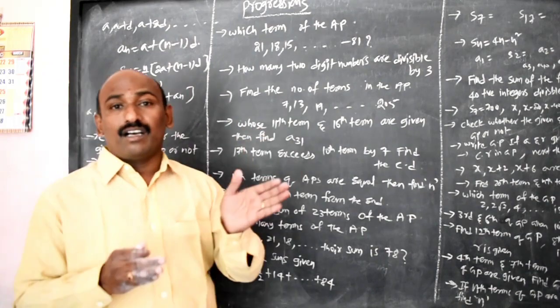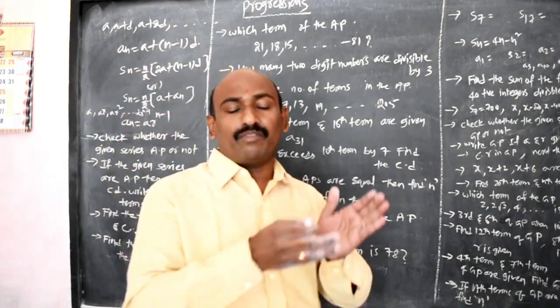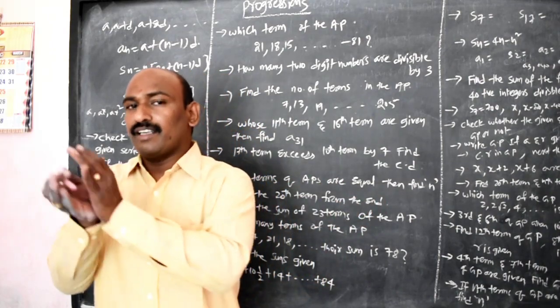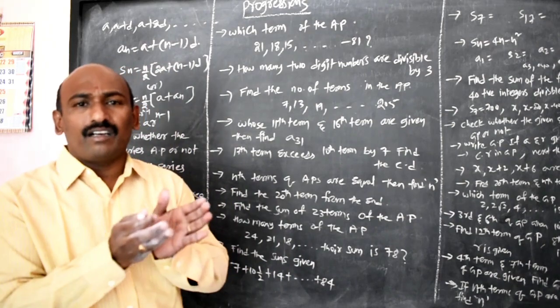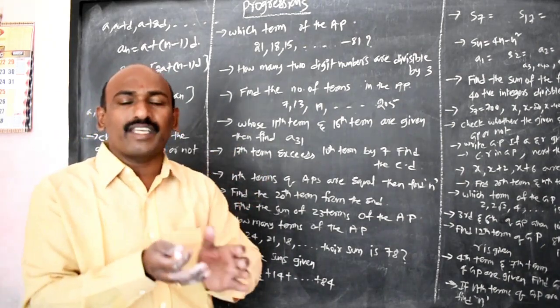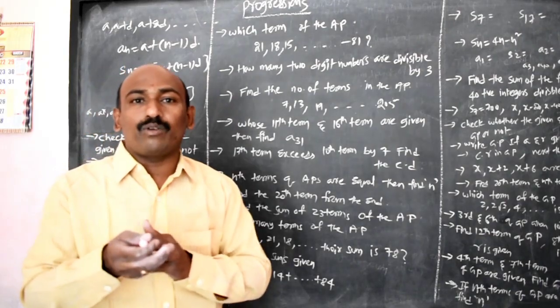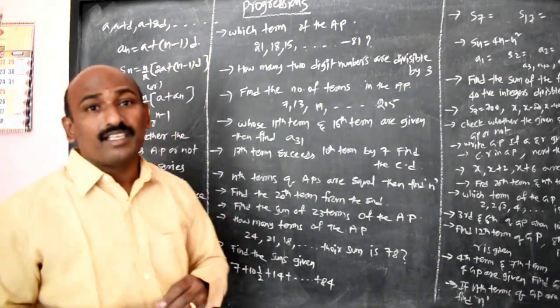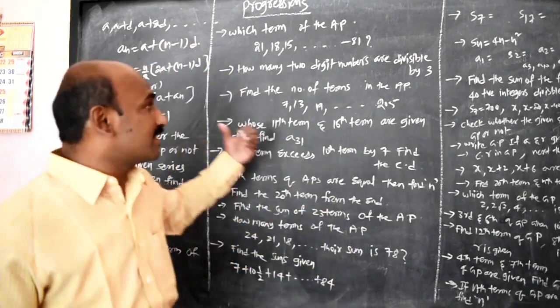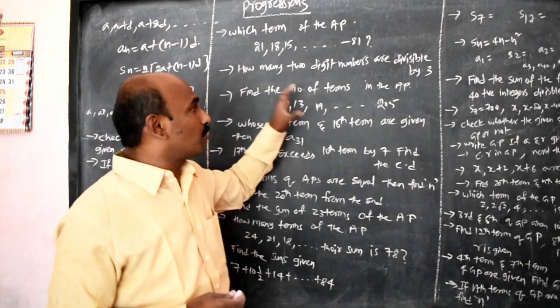Also, if the series is increasing, like the first day 10, second day 20, third day 30, then how much he saves on the 15th day, we can find using this formula, or the total sum he saved. Based on these real life situations, progression is very important and also very easy, and we can do these problems with only 3 formulas.